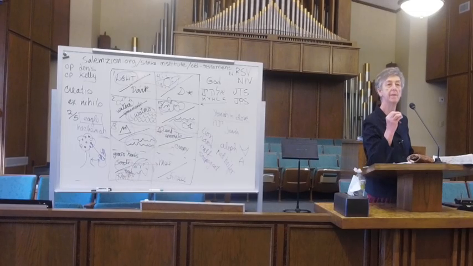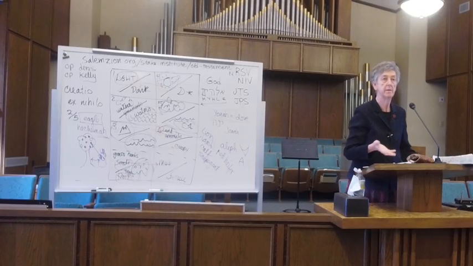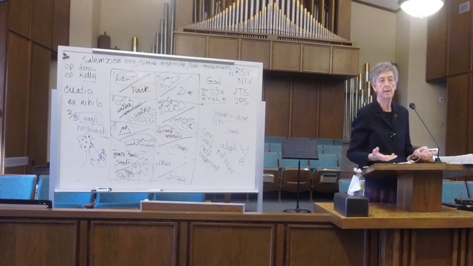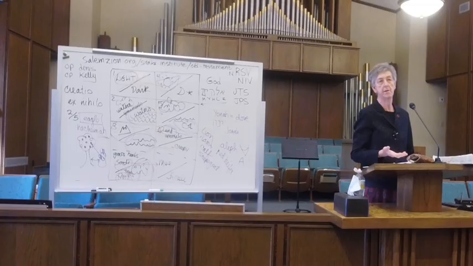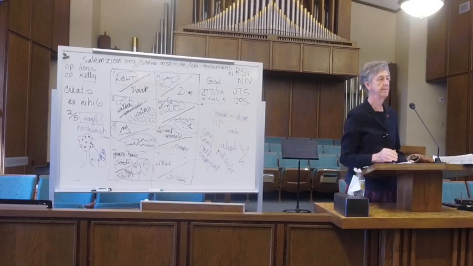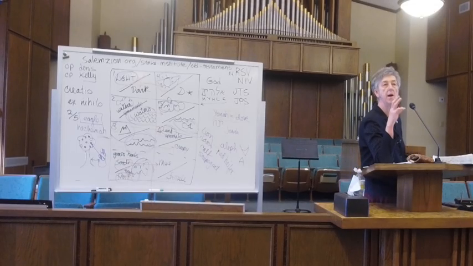Okay, so we have the seed that the sower is sowing, and it falls on 4 different kinds of ground, right? It falls on the way path, which is hard as it can be. The seed's not going to get to germinate there. The birds come and eat it. And some is off the path, at the side of the path.